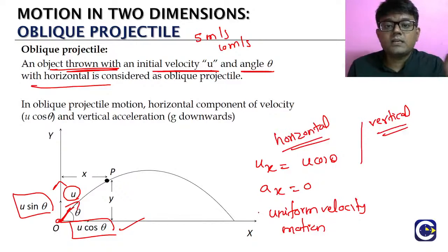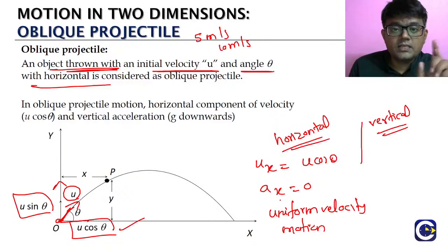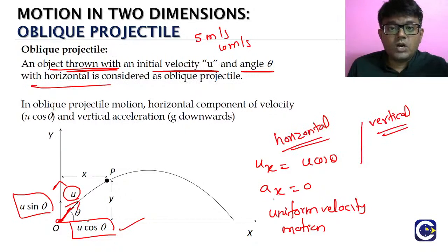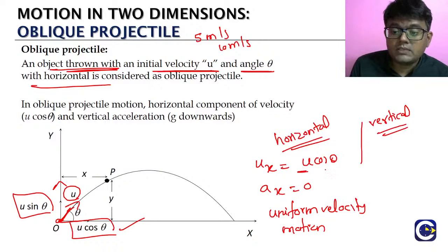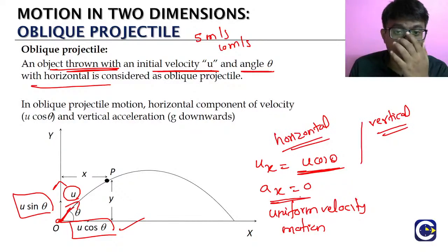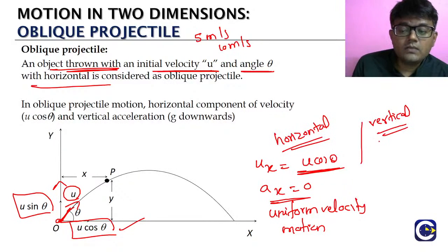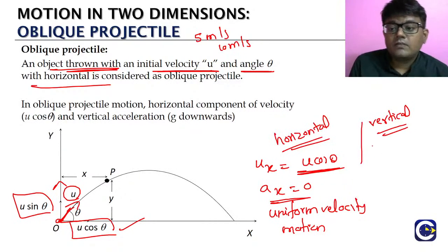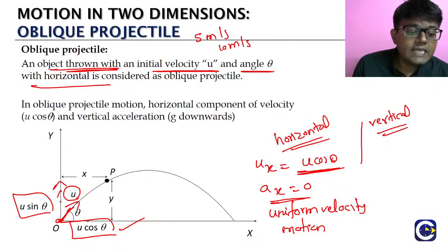In horizontal projectile motion also, we throw the object horizontally with some velocity, but here we are throwing the object with a velocity making an angle theta with the horizontal. So the initial velocity u cos theta is going to remain as it is. Here acceleration is 0.